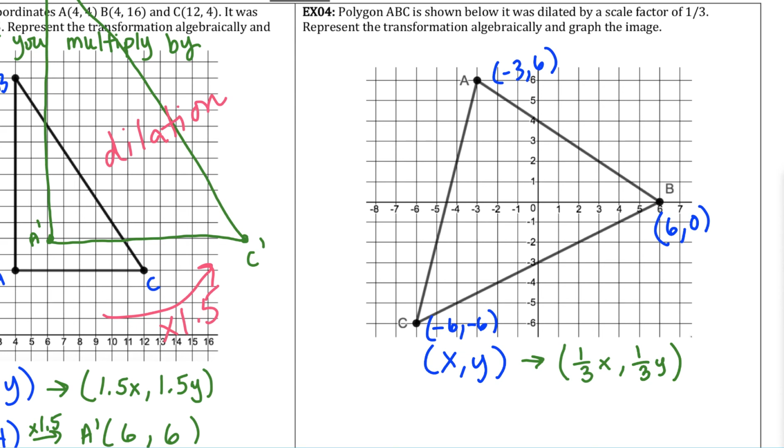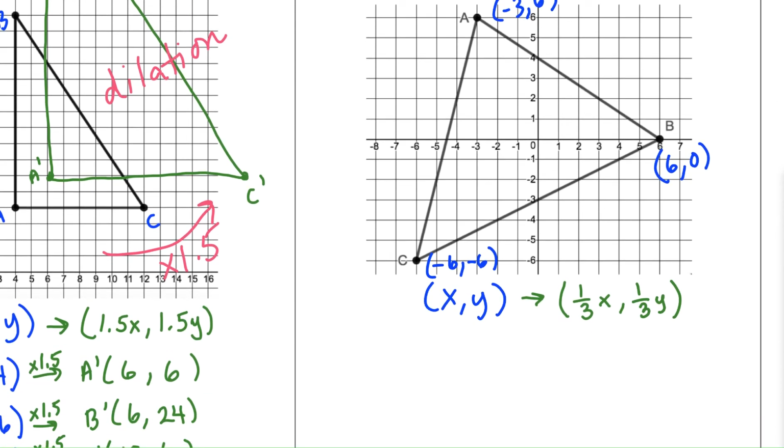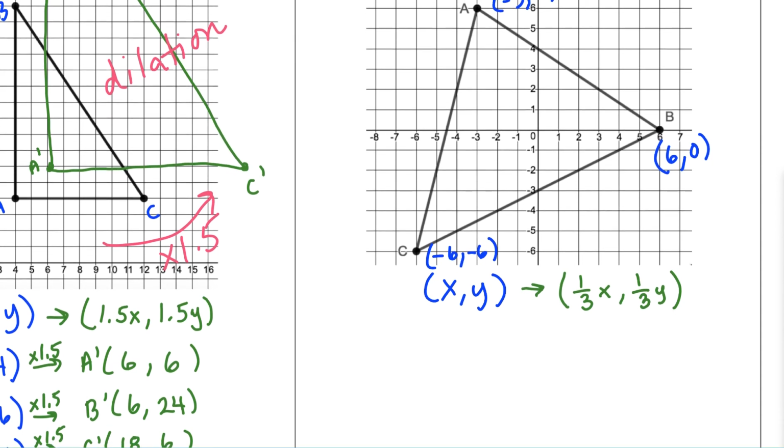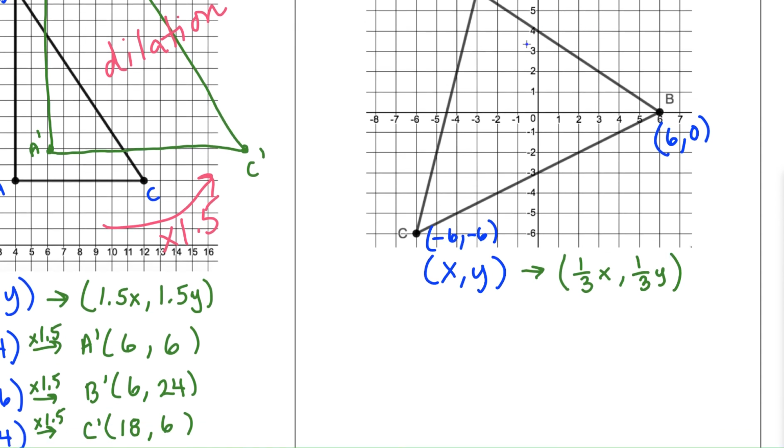Let's go ahead and write them down. A is up here, so -3, 6. B is 6, 0. And C is -6, -6.